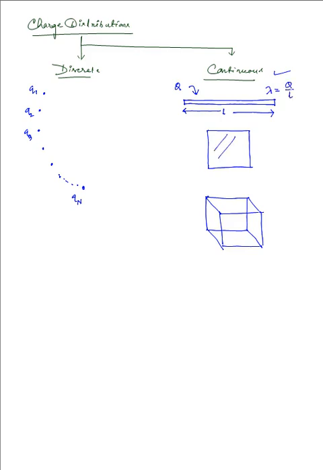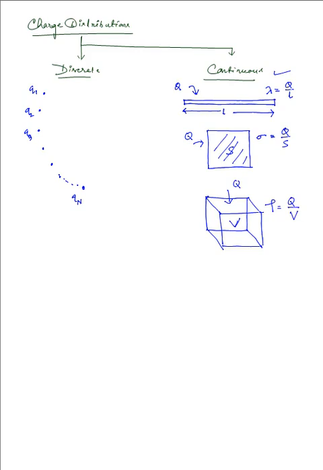Now if we are considering the area, usually the surface area S, and a total charge Q is distributed over that entire surface area S, then we term it the surface charge density, sigma, which is equal to the charge per unit surface area. And if the charge is distributed uniformly over a given volume, so that the charge density is uniform, then we have the volume charge density, denoted by the letter rho, which is equal to charge per unit volume.